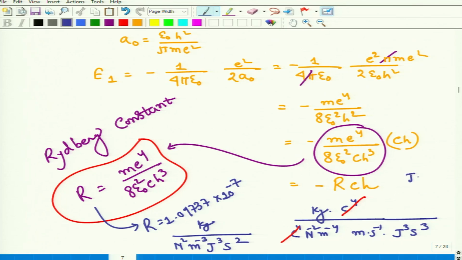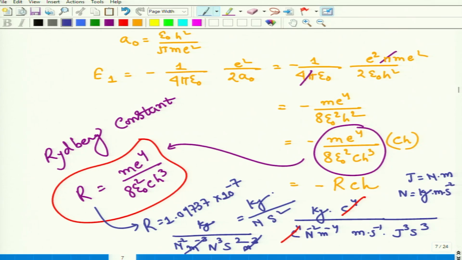Now joule is Newton meter, so it can be written as Newton cube meter cube. So this will cancel out. It is minus 1 minus 2, so it will be kg divided by Newton second square, and Newton is kg into meter second to the power minus 2.